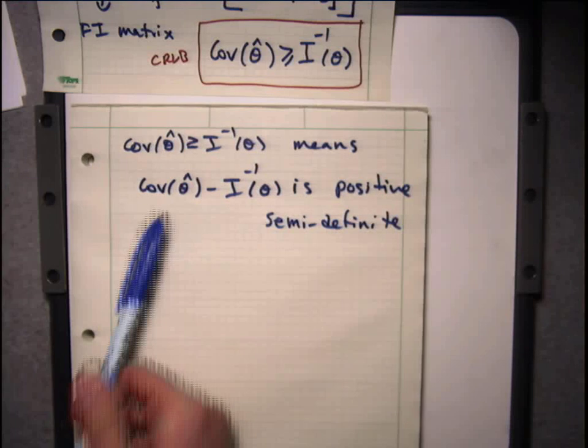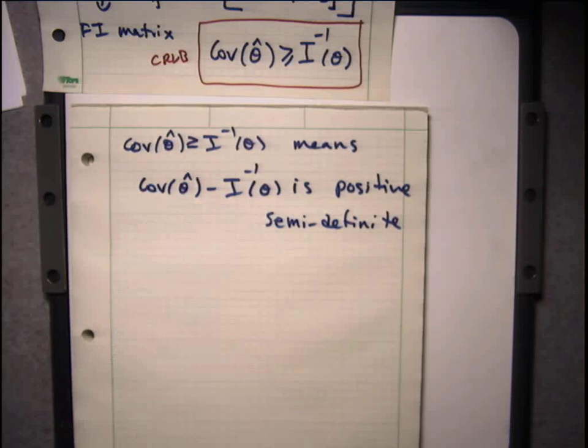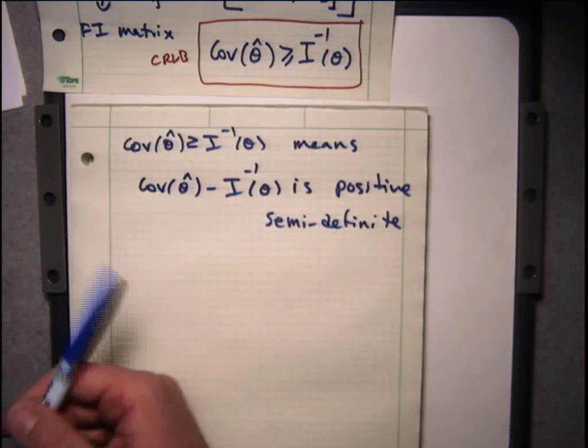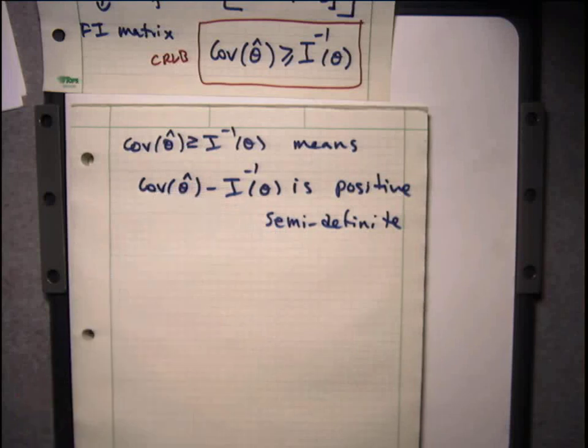Well, it's symmetric. We know that it's symmetric, so this difference has real eigenvalues. Positive semi-definite means it has real eigenvalues that are positive or 0, non-negative.